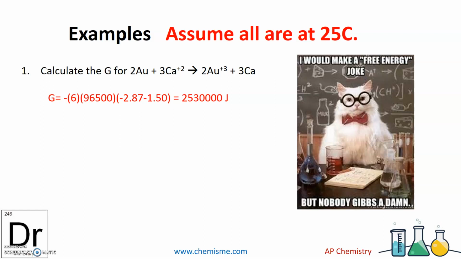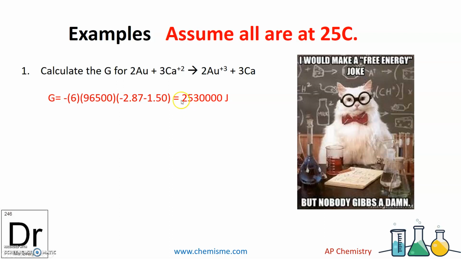And then I use my electron cell potential chart that I gave you in class to figure out what the voltage would be. And what we're seeing is that calcium is the one that's reducing, so I copied calcium's reduction, and I subtracted gold's reduction, right? I subtracted it out because it's actually oxidizing. And when you multiply these numbers, you get 2,530,000 joules, which is a lot of joules.